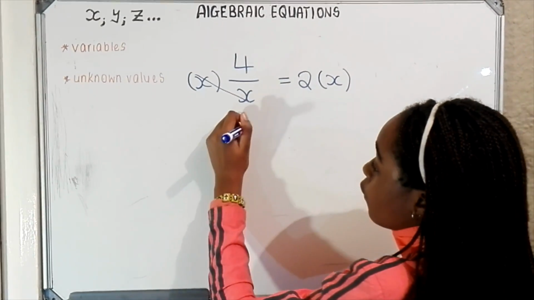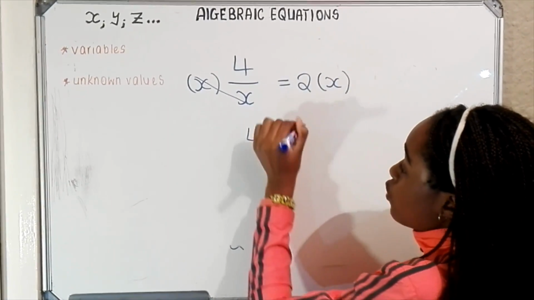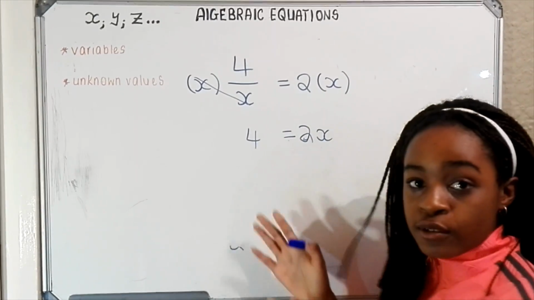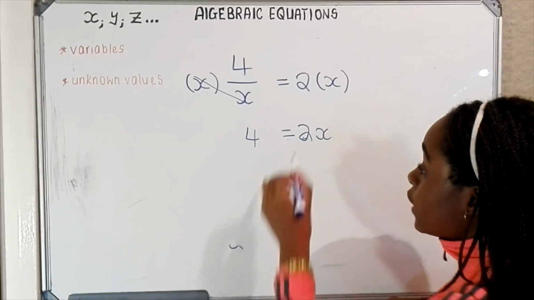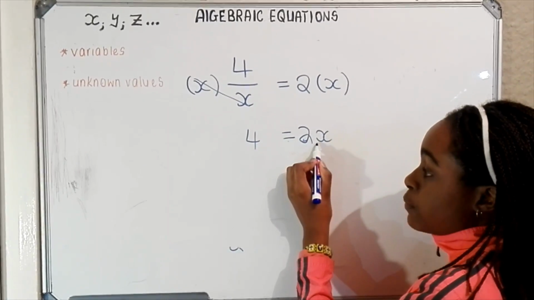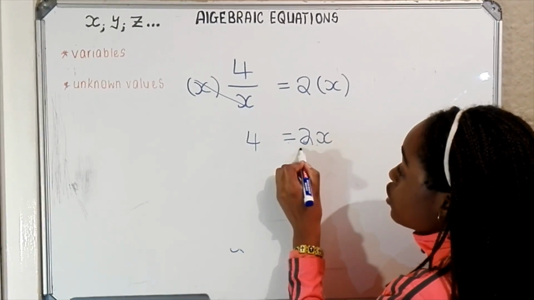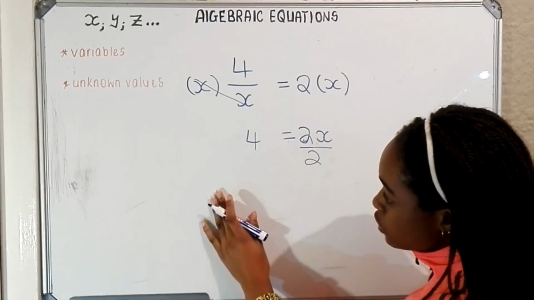So you're left with 4, and you bring this down, you have 2x. Now this looks like something we can solve, something we're familiar with. So now we can divide by 2 because there's a multiplication here. The opposite of multiplication is division. So we divide by 2. Whatever you do on this side, you have to do on this side as well.